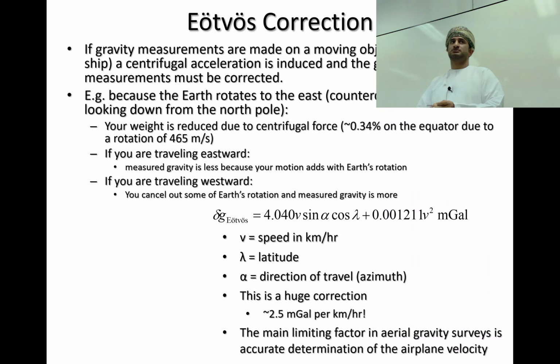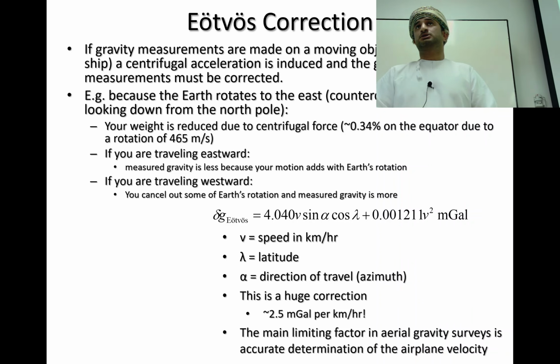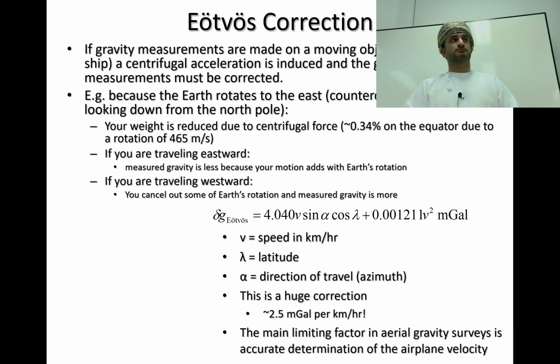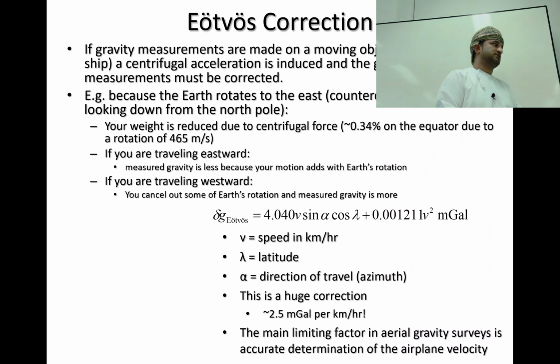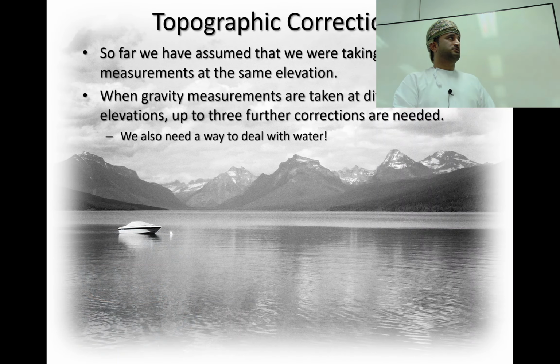That's large. If I'm moving 20 kilometers per hour, I multiply this number by 20. If I'm moving 100 kilometers per hour, wow, that's going to be a very, very large number. And that's actually a limiting factor in gravity surveys.